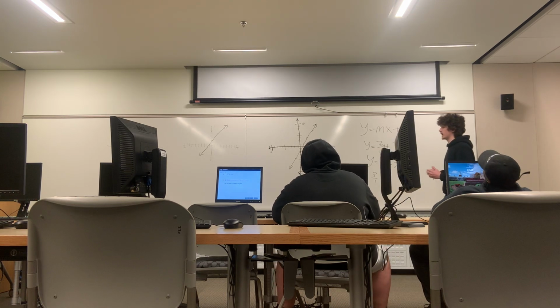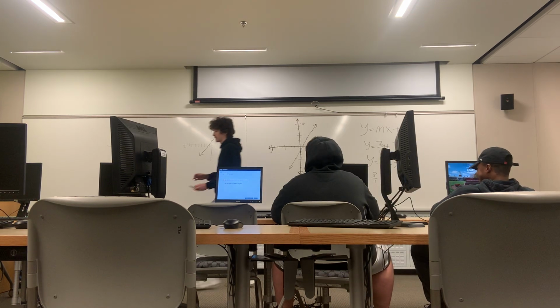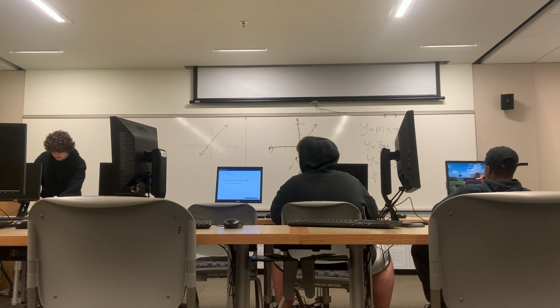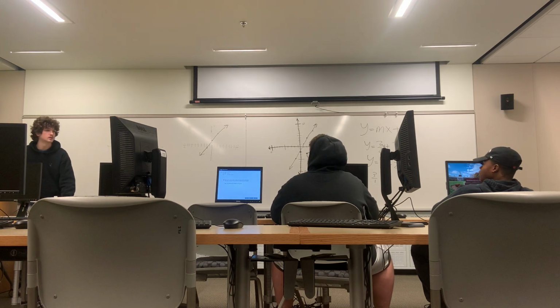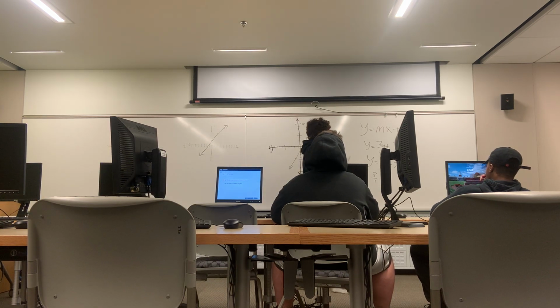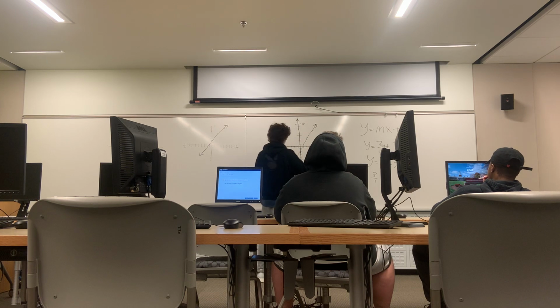Alright, so I'm going to hand out this paper right around now. And I have a question. Yeah. What if the x was negative? Oh, so if it's negative, right? That's a great question. If it's negative 3 over 2, it's going to be the opposite way.